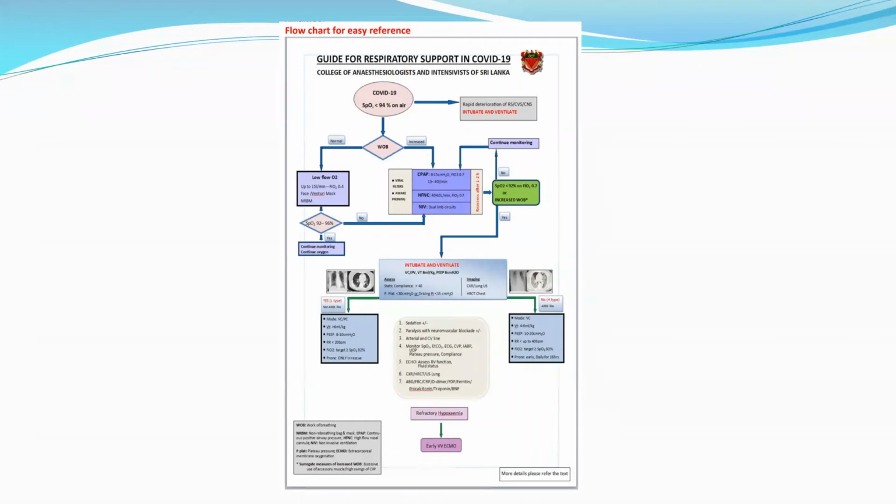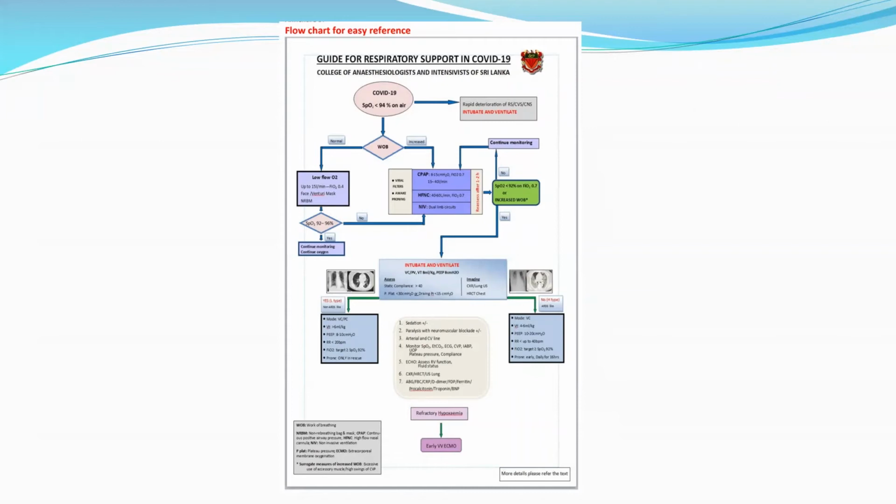On admission to your ward, if the patient has saturation less than 94 with signs of increased work of breathing, let me repeat, increased work of breathing is assessed by increased respiratory rate, which is above 60, using accessory muscles of breathing, thoraco-abdominal dyssynchrony, and if you do an ABG, there will be increasing carbon dioxide and so on.